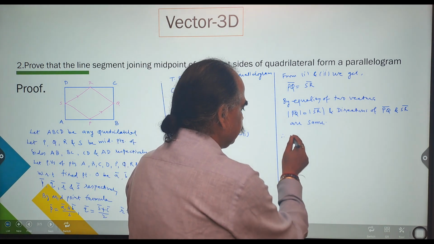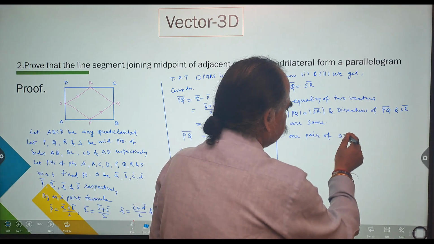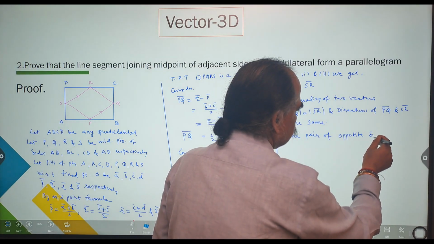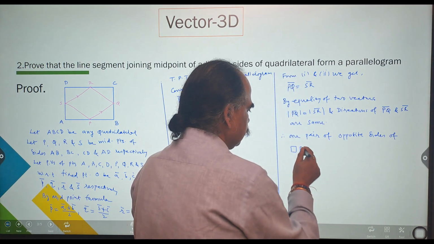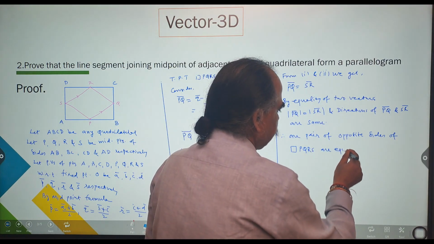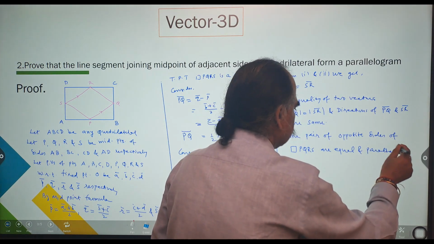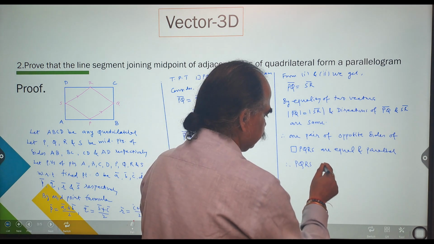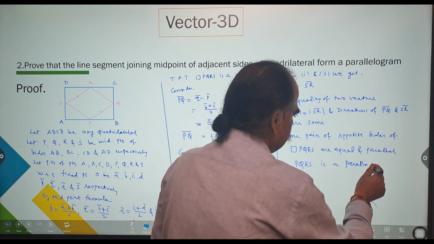Therefore, one pair of opposite sides of quadrilateral PQRS are equal and parallel. Therefore, PQRS is a parallelogram.